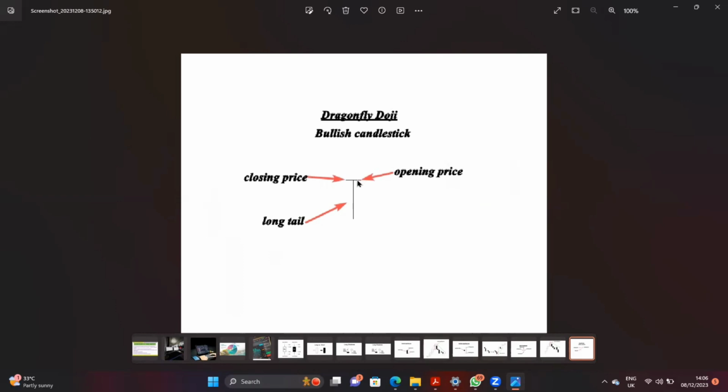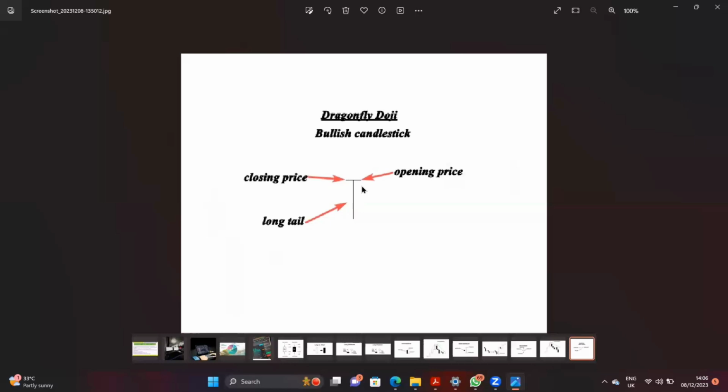So you identify a dragonfly doji when the open, high and close are the same or about the same price.